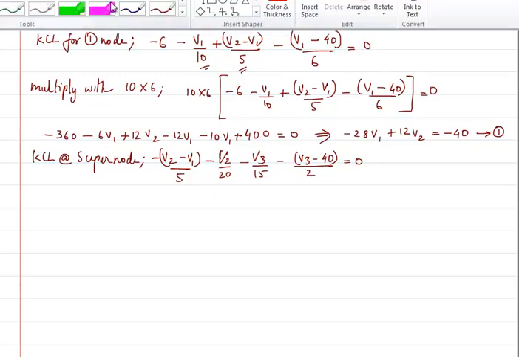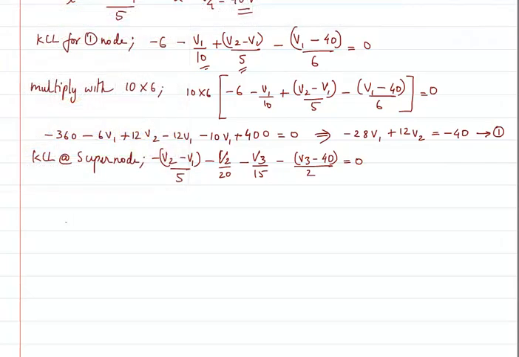So let me write the equation. Multiply with 20 into 15. I can even straight away take the LCM of 20 and 15 and get the answer as 60.